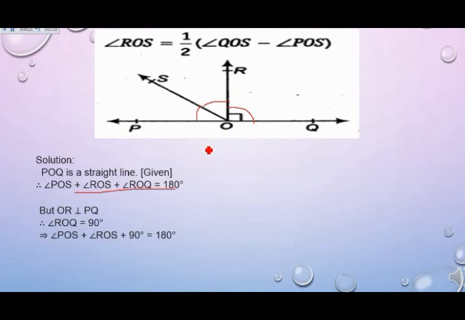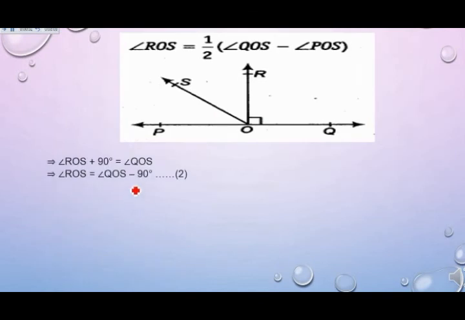So in place of ROQ, we can write 90 degrees, and we get angle POS plus angle ROS is equal to 90 degrees, or we can write angle ROS as equal to 90 minus POS, and name it as equation number 1. This is our equation number 1, that is, angle ROS is equal to 90 minus POS.